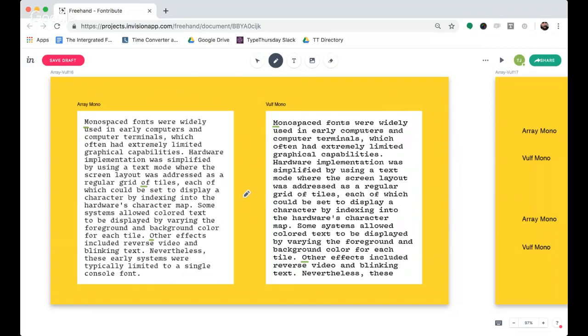Actually, there are some other strategies that were not obvious on the large setting that I'm starting to see now in the small setting. It looks like the D in Vulf Mono has a shift down in the bowl so it does not go up to the x-height, probably to save space. Let's see if that was done in Array, if I can find it.